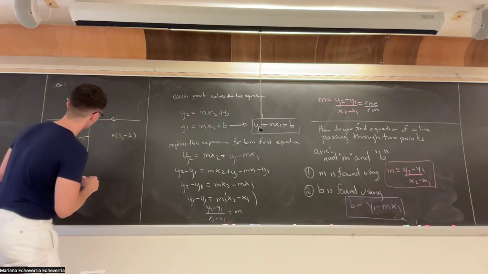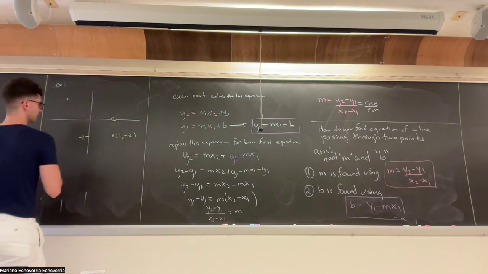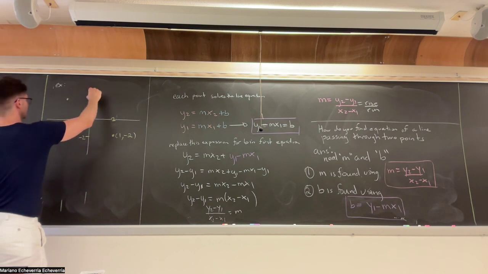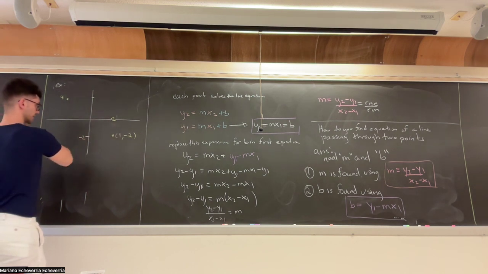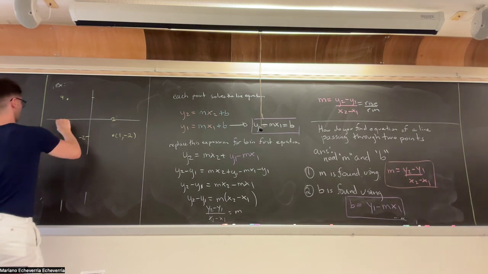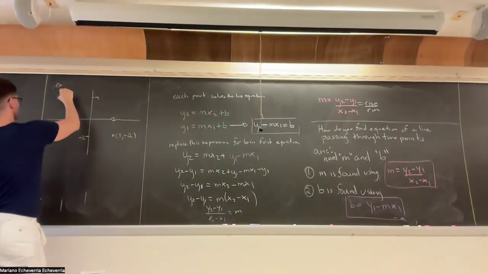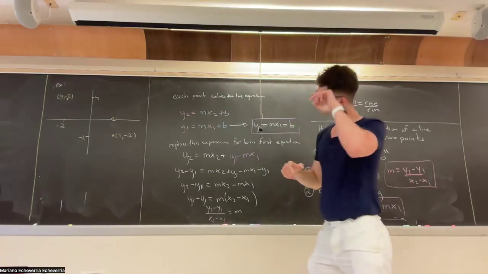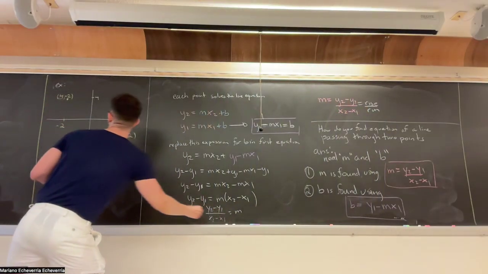I'm just going to try to choose nice numbers here. Let's say it is going to be 4. So I want to find a line passing through these two points.